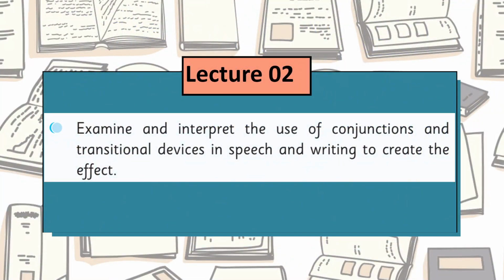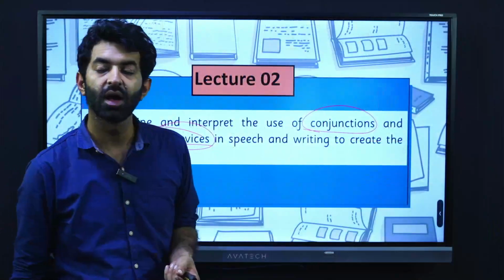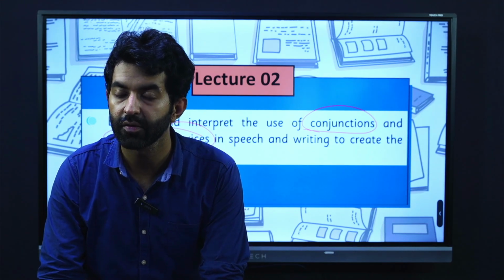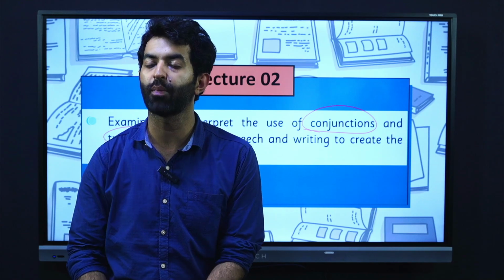Lecture number 2 is about parts of speech, and we are going to cover conjunctions and transitional devices. Now, conjunctions हमने students already cover किया है. They are one of the most important parts of speech.